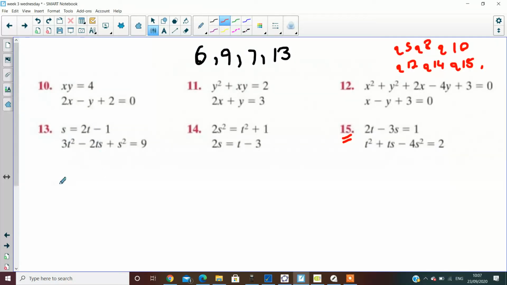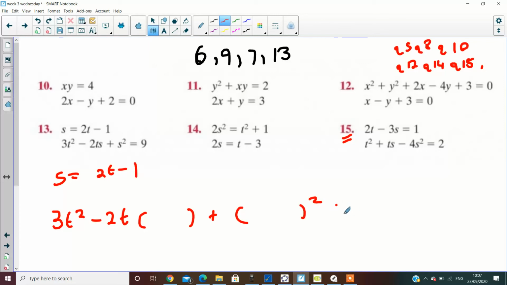Decision's already made. You have s equals 2t minus 1, which means on the next equation, anywhere you see an s, replace it with 2t minus 1. So should be at this stage here.